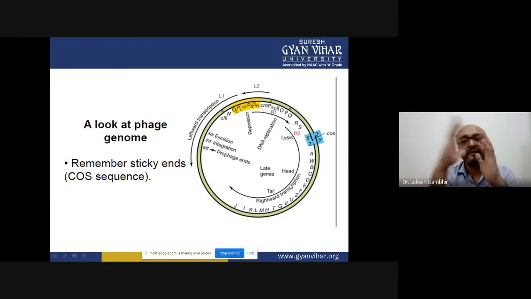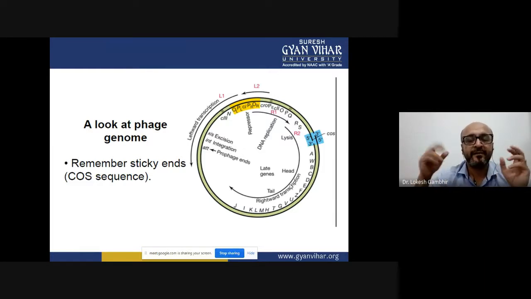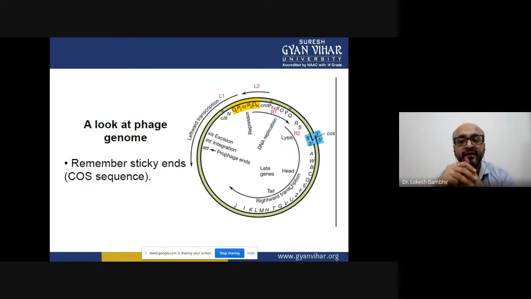When the right-hand side of the lambda genome is active, it makes all the DNA replication proteins required, all the packaging proteins, and the factors which cause lysis of the host cell. So it is performing the lytic cycle. If the genome is expressed in the right-hand part, the clockwise direction, it will always go for lytic.